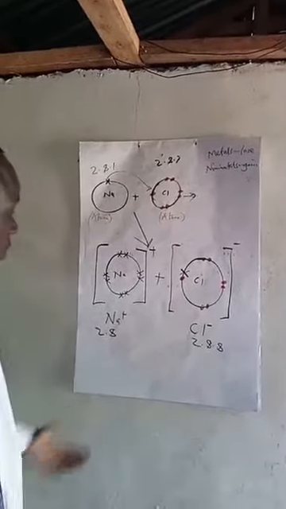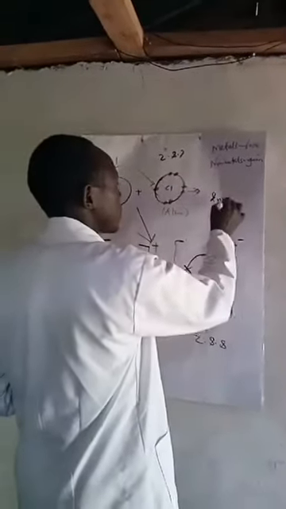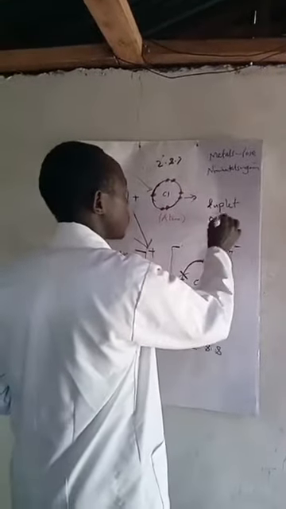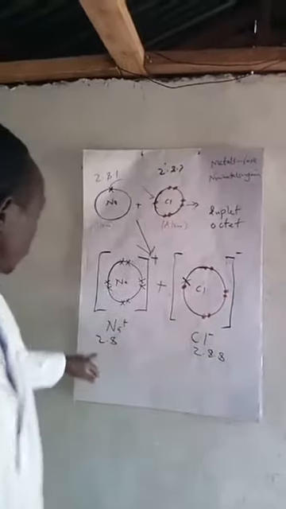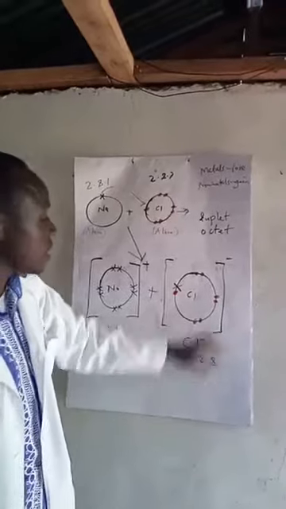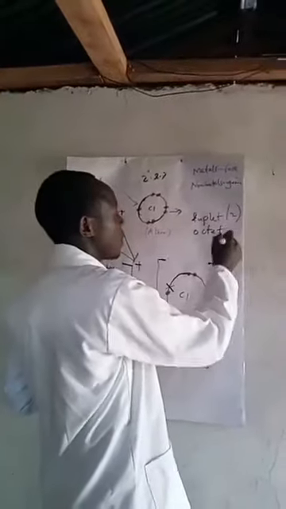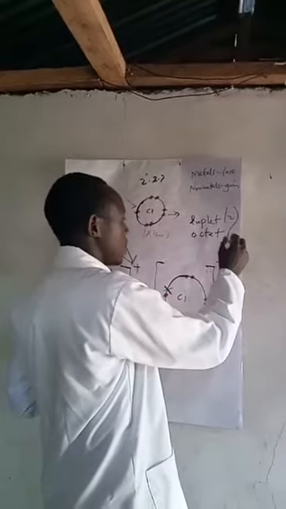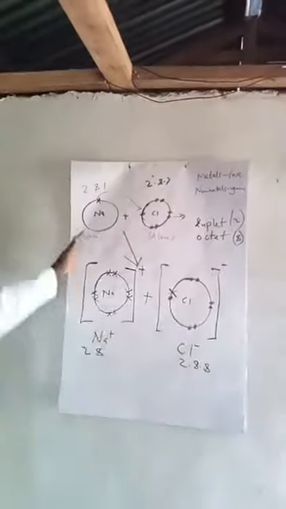You remember we talked about a stable duplet and a stable octet. This 2,8 is a stable octet, and this 2,8,8 is a stable octet, because duplet is 2 and octet is 8. So that is for sodium chloride.